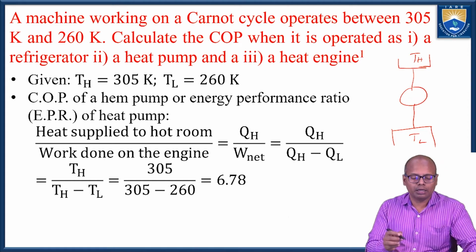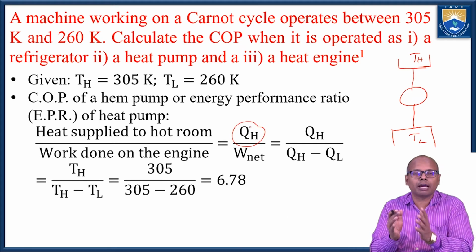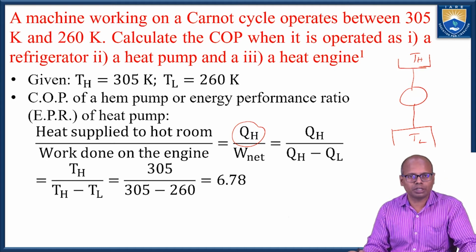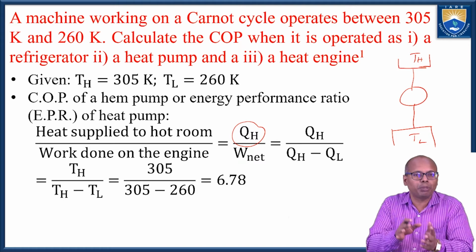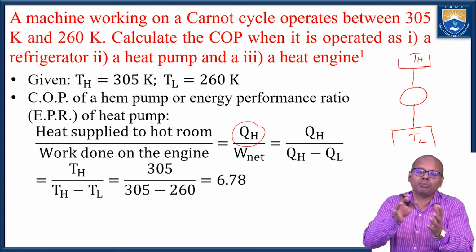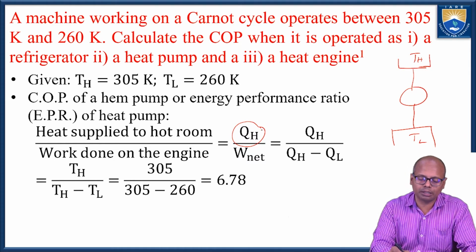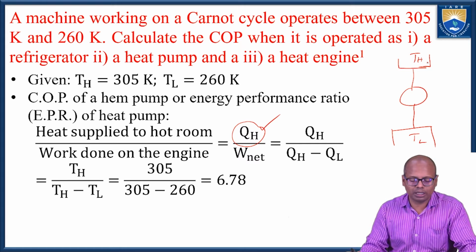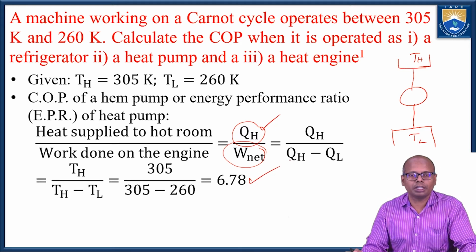So the numerator is how much heat I can supply to the hot room. Because it is a heat pump, heat is being pumped, so the amount of heat pumped to the hot room is our objective. The amount of heat supplied to the higher temperature reservoir divided by work net gives me the COP of the heat pump.